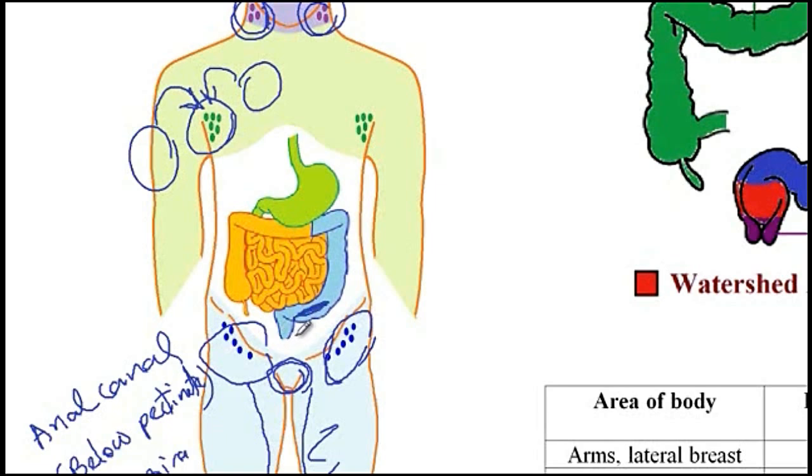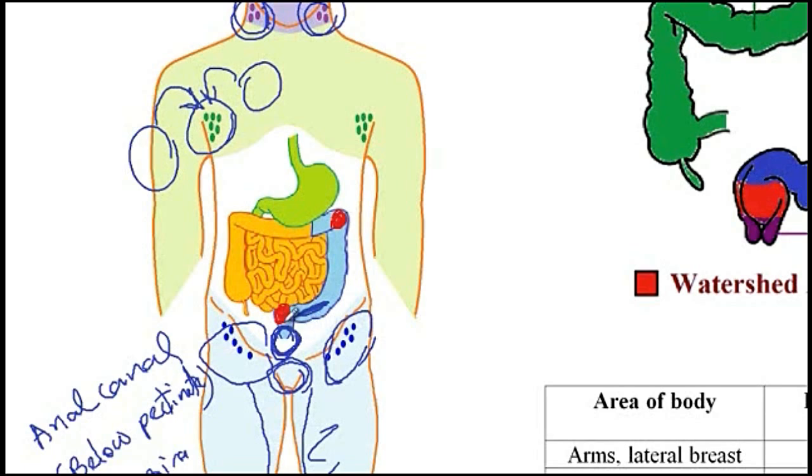Now, one tricky part that I would like you to pay attention to is the rectum, and rectum is containing a watershed area. So if you remember, watershed areas are regions of the body that are being supplied by two major arteries, and since blood perfusion in these areas are poor, they are actually prone to damage in terms of decreased perfusion of blood vessels.